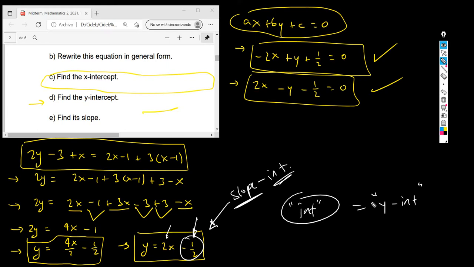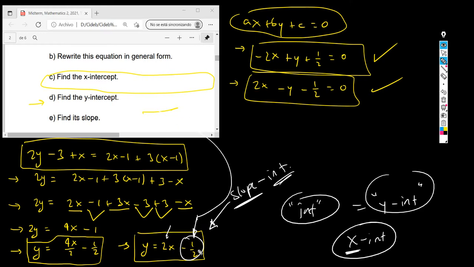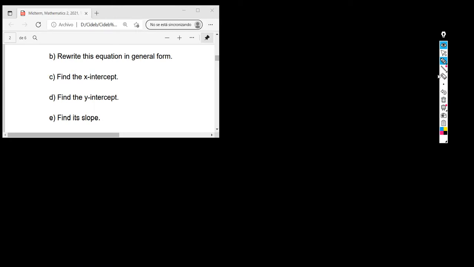And if you want to make reference to the x-intercept, you necessarily must say x-intercept. So that's it, problem solved. Find the y-intercept, it's minus 1/2. And find its slope, same stuff, right? Just look at this, observe it, analyze it, and we have that this is the slope, so my answer should be 2, period. Problem solved.